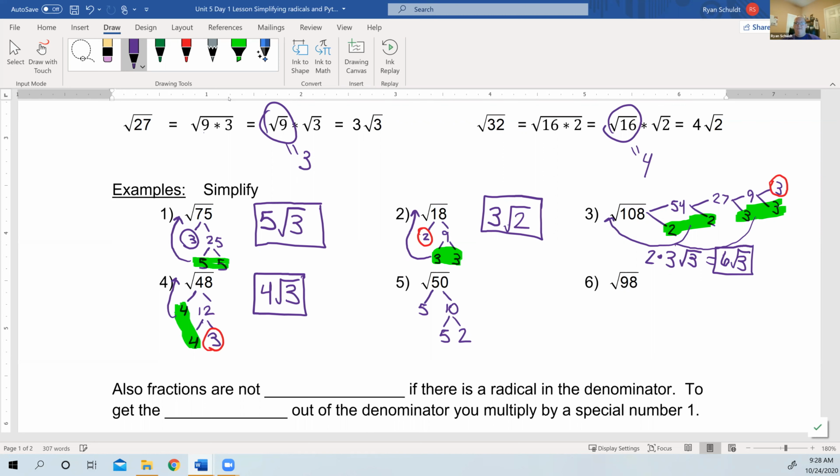Again, 5, I'm done. 2, I'm done. So now I look for couples. There's a couple. Couples go out on the date. Singles stay home. So this couple comes out. We're gonna have a 5 out, and then square root of 2 stays home.